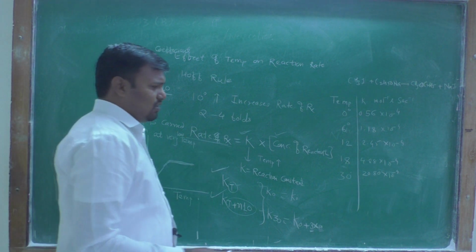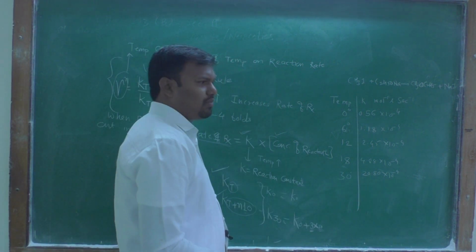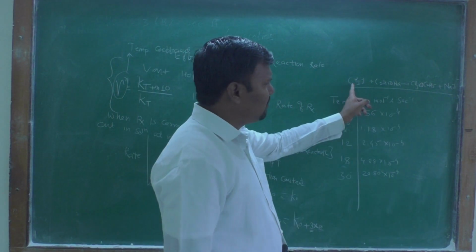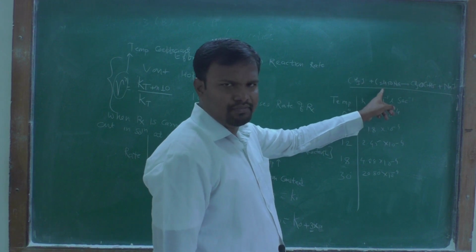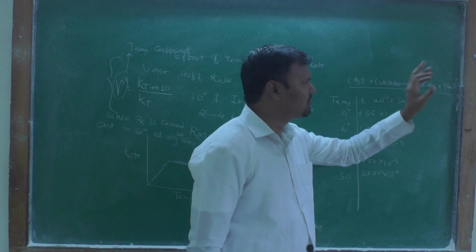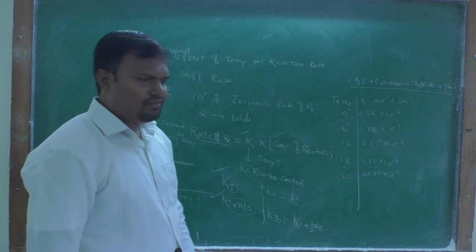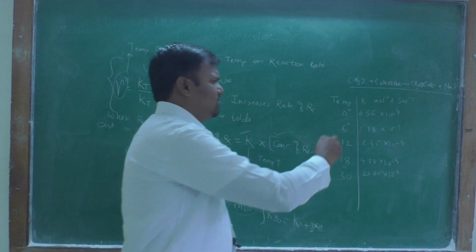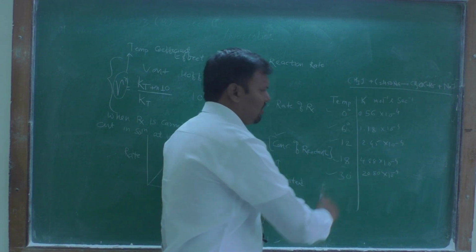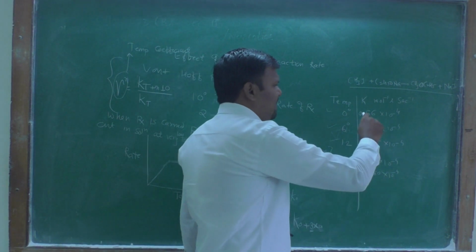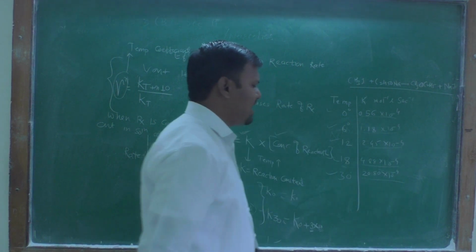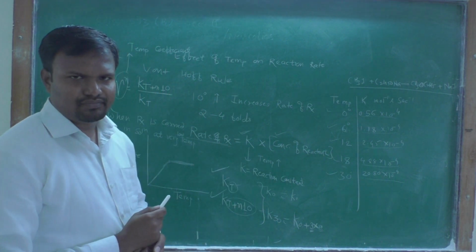Suppose we have one reaction: methyl iodide reacts with C2H5ONa, and it gives the ether CH3OC2H5 plus NaI. We studied this reaction rate at different temperatures. You found that the reaction rate goes on increasing as temperature increases.